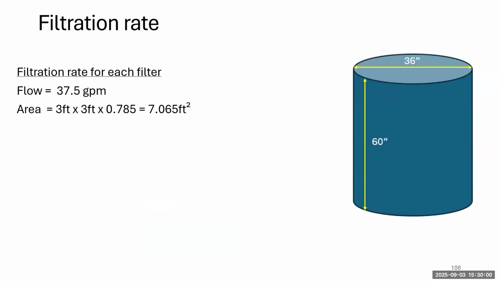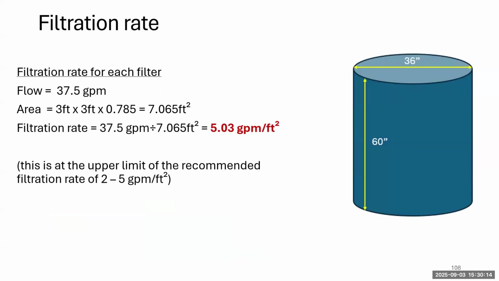And so we actually calculated the filtration rate. We had a filter that was 3 foot in diameter. It was a pressure filter, and we knew the flow. So we calculated the area of the filter and divided the flow by it, and we found the filtration rate was 5.03, and the upper limit was 5 gallons per minute per square foot for this filter.